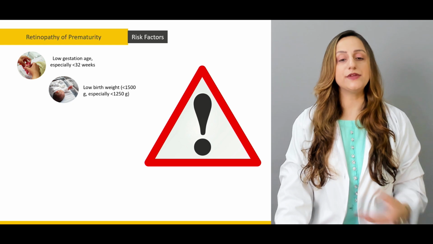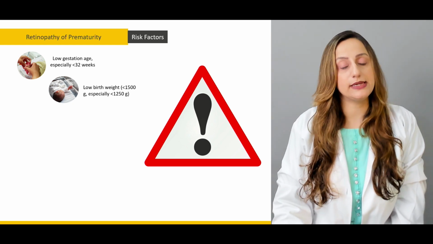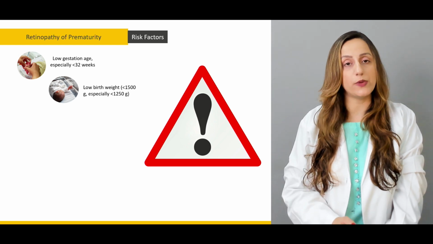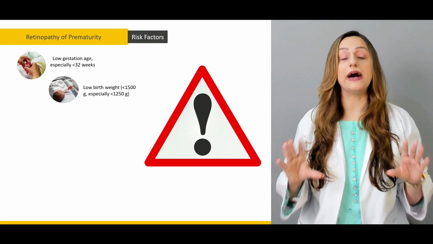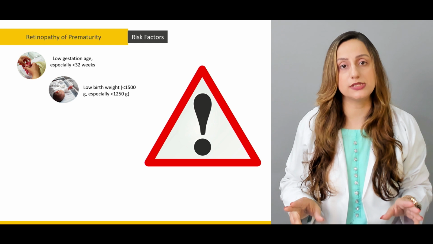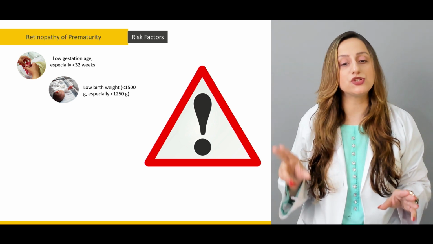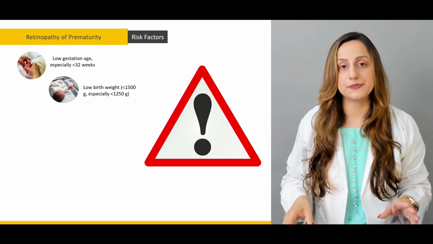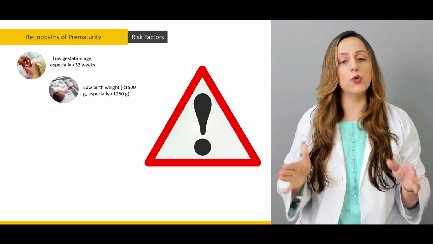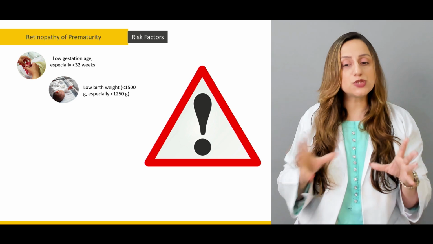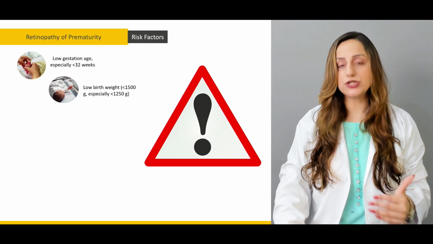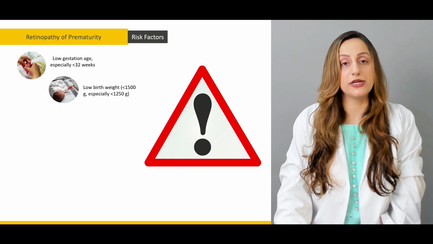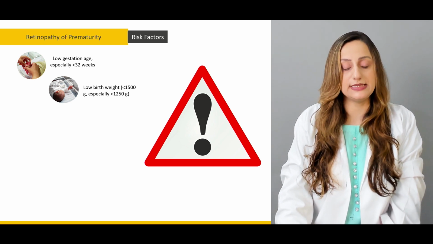Then, even if the gestational age is normal, a low birth weight, less than 1500 grams, especially less than 1250 grams, would again make the infant more prone to it.